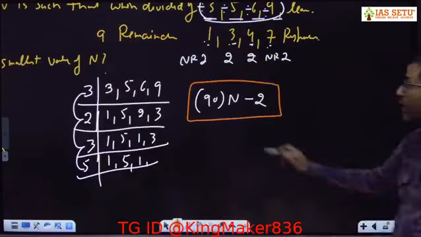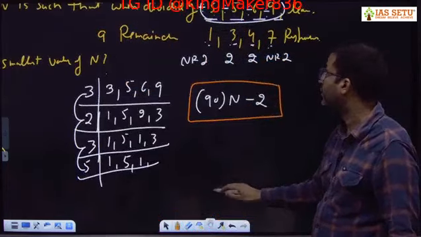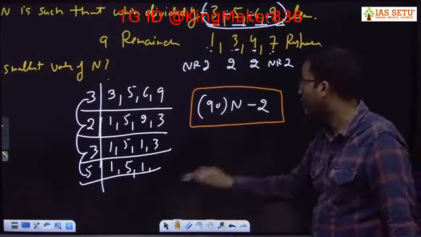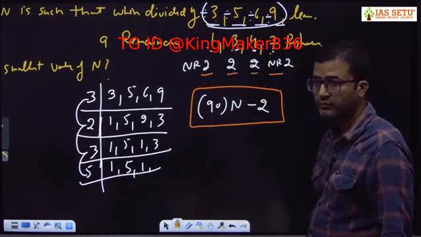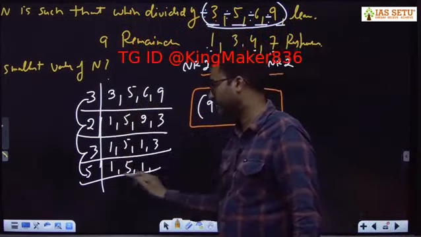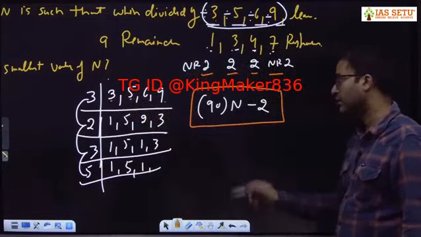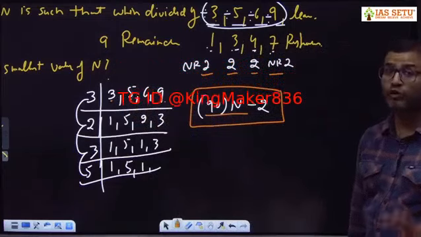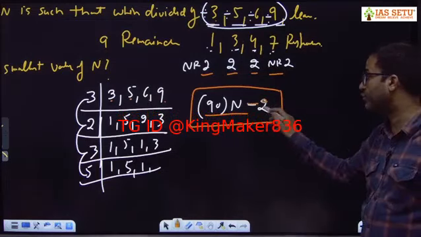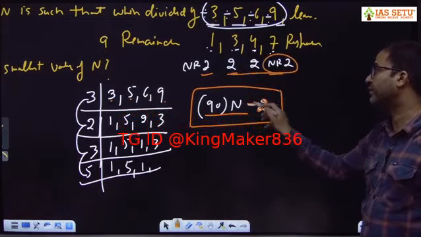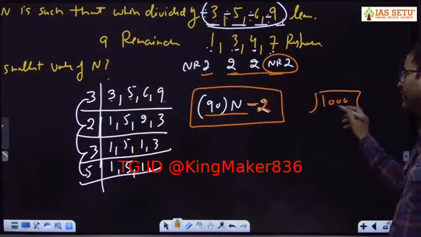See what it is. When you divide by 3, remainder 1, divide by 5, remainder 3, divide by 6, remainder 4, divide by 9, remainder 7. So negative remainder is 2, 2, 2. You take the LCM. What is the LCM of 3, 5, 6, 9? 90. We are looking for a 4-digit number. So multiple of 90 minus 2 will help. Why? Negative remainder is 2. Here we will take 1000. You divide it by 90.